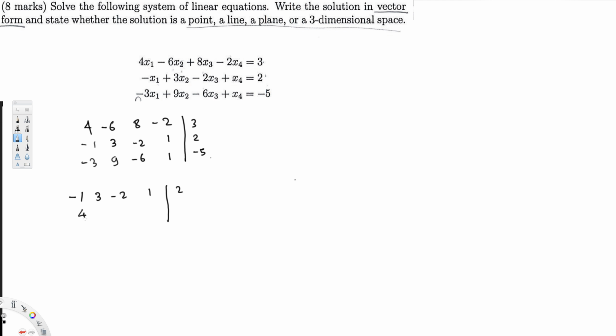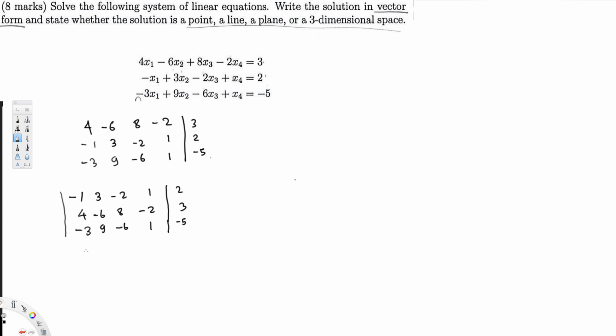Then the second one is going to be 4, minus 6, 8, minus 2, 3. The third one is going to be minus 3, 9, minus 6, 1, minus 5. Now I have to make this one positive, so I have to multiply everything by negative.